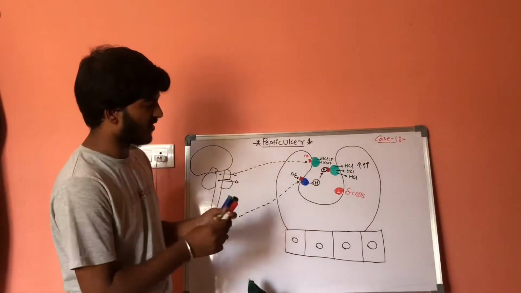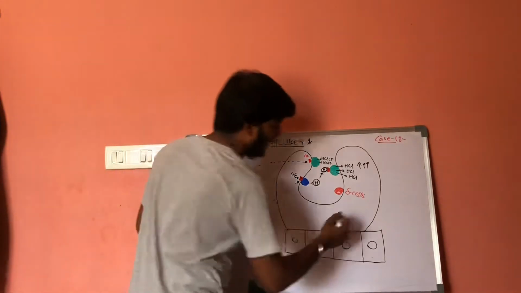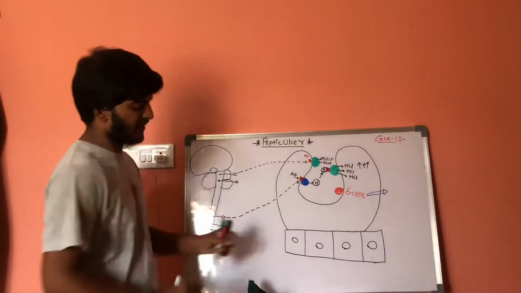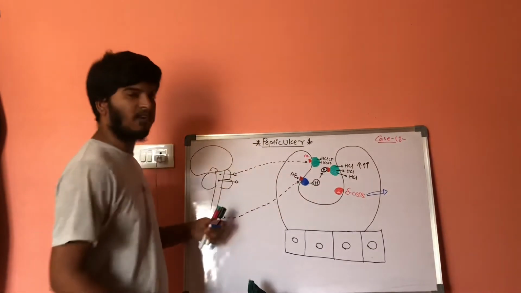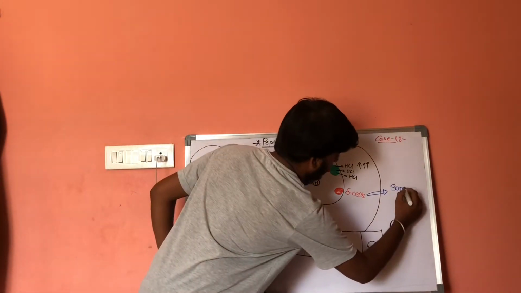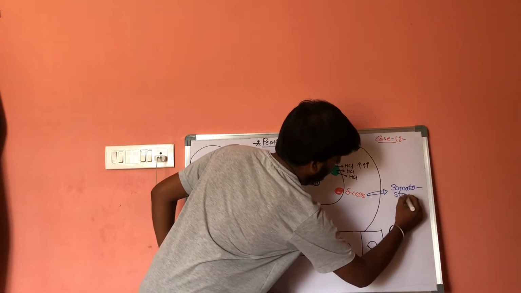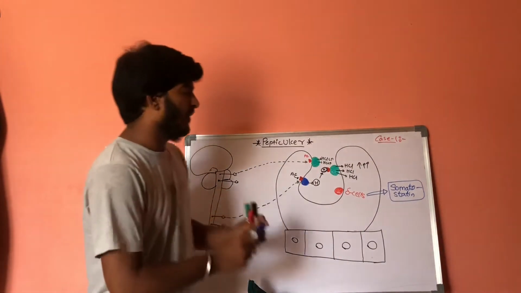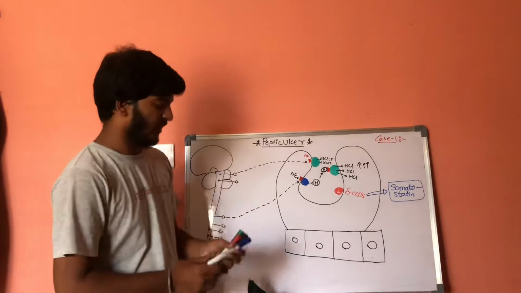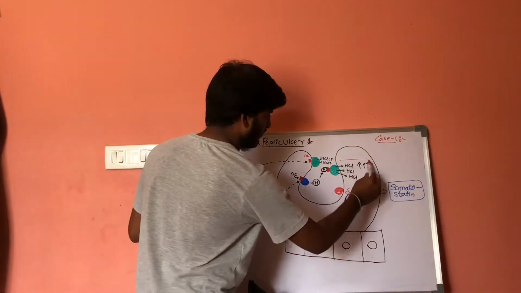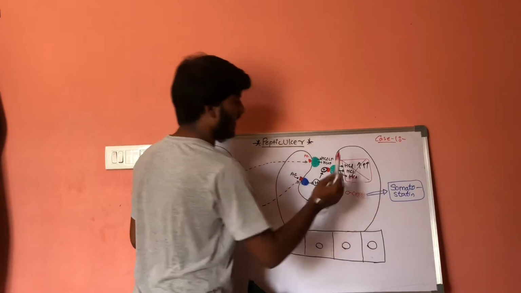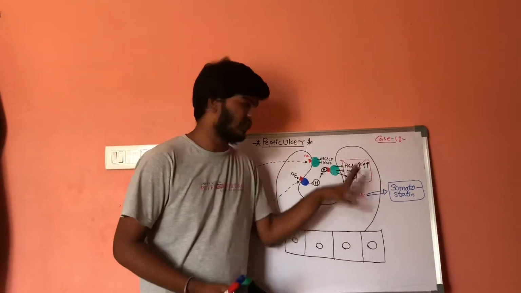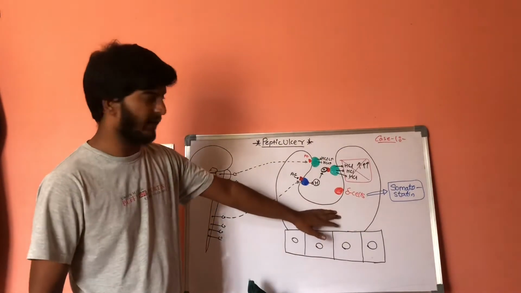These delta cells will activate a special protein or hormone that is called somatostatin. Somatostatin will inhibit the excessive secretion of HCl. The HCl concentration within the stomach will get decreased. So this is one counter regulatory mechanism, that is case number 1.